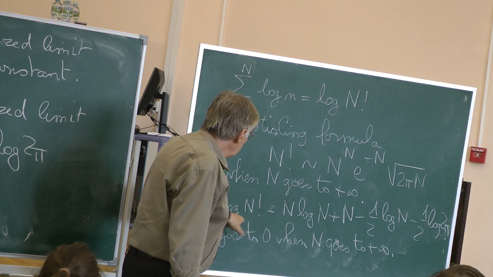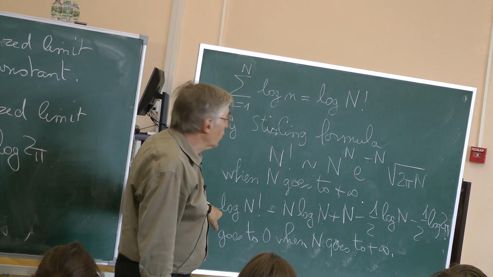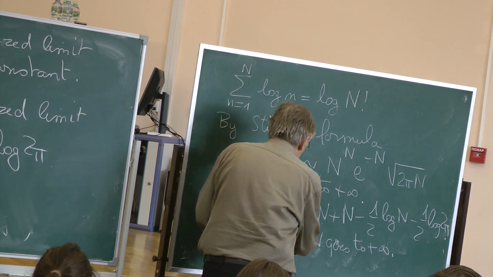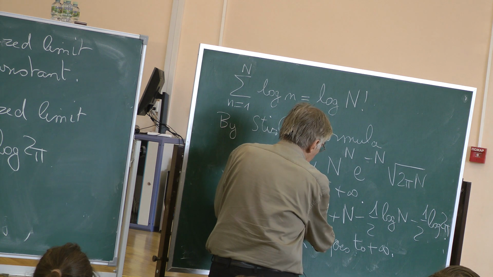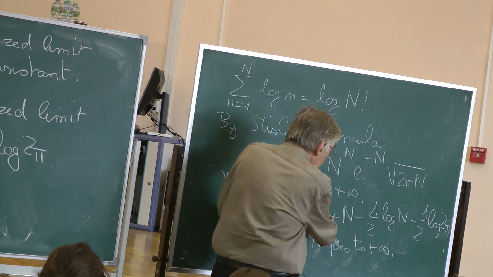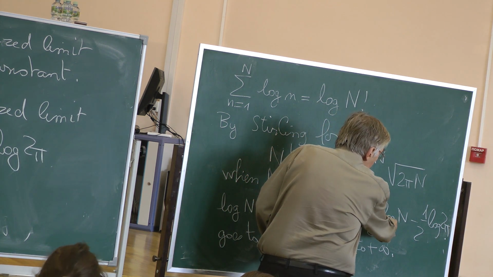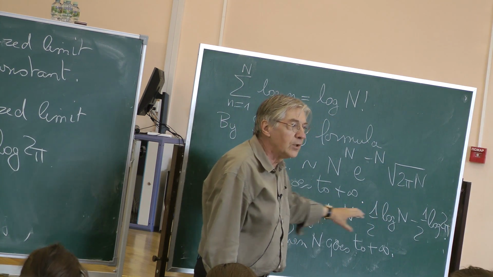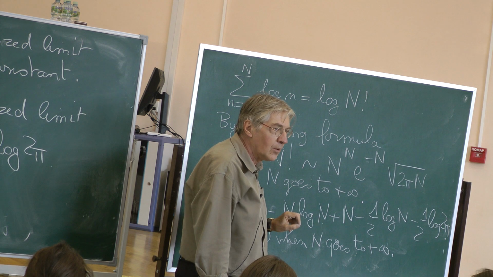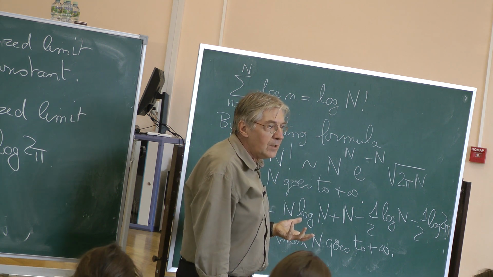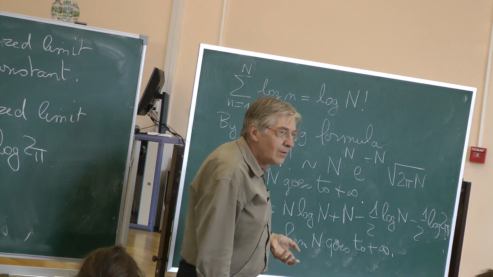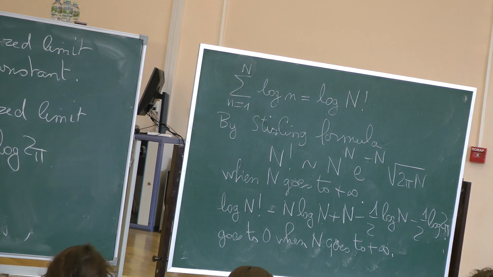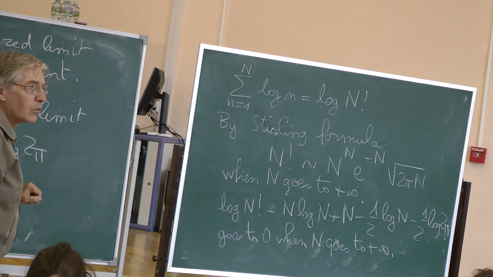And therefore, if we remove from this log of n factorial, so from this sum, this polynomial in n and log n, involving the term n log n, the term n, and the term log n, not the constant, which is a polynomial without constant term, there will be a limit, and this limit will be 1/2 log of 2 pi, and this means that the regularized value is indeed 1/2 log of 2 pi.